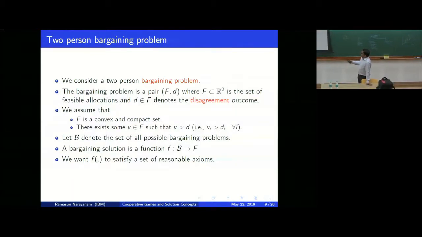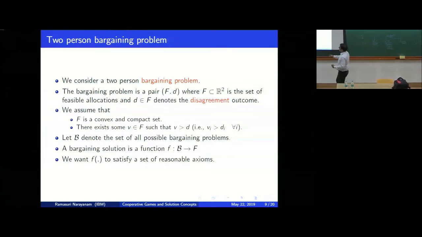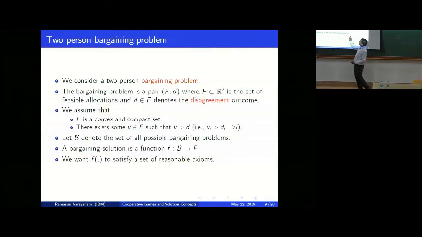So let script B denote the set of all possible bargaining problems. Now a bargaining solution is a function f, right? Which is a mapping from script B to F. So any bargaining problem instance that you consider, which consists of a two-tuple (F, d), the bargaining solution is a mapping from the two-tuple to some element in F.